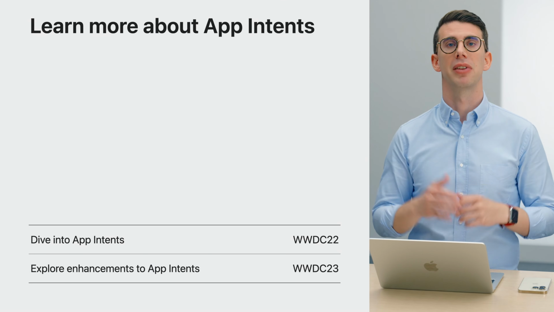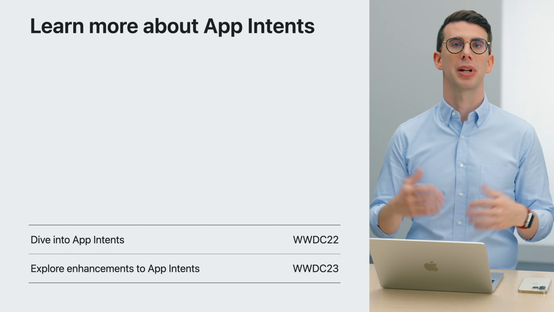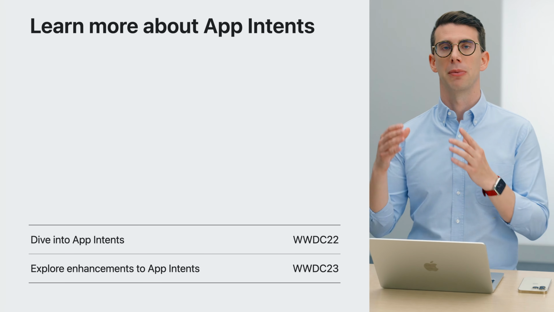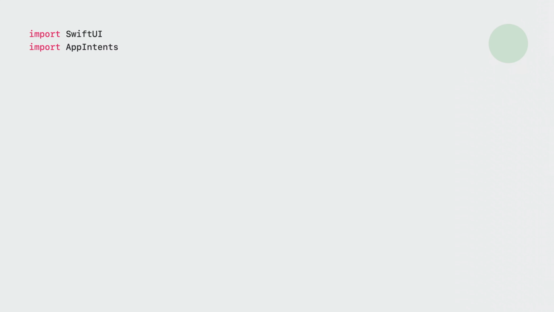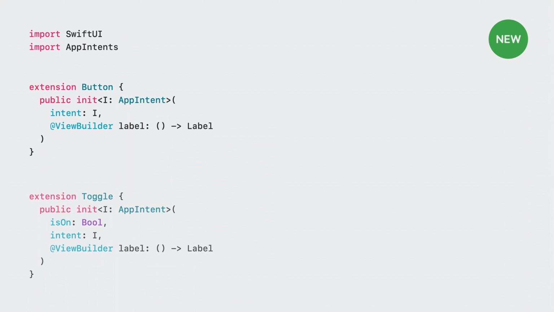AppIntents are very powerful, and there is a lot more to know about them. So be sure to check out the Dive into AppIntents and Explore Enhancements to AppIntents sessions from WWDC 2022 and 2023. And to support the ability to execute AppIntents right from the UI, when you import both SwiftUI and AppIntents, there is a new family of initializers on button and toggle that accept an AppIntent as an argument and will execute that intent when these controls are interacted with.